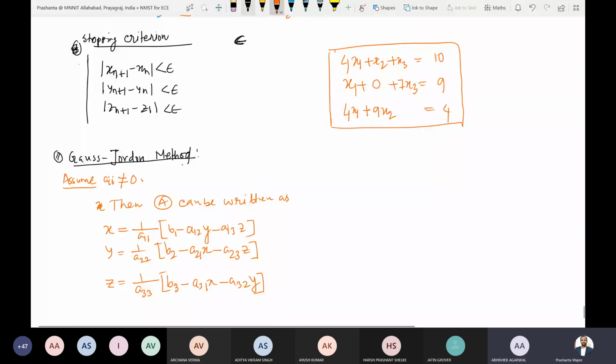Now from this I am going to create the iterative method. On the left hand side for x, y, z you put the subscript n plus 1, and on the right hand side for y and z put the subscript n.